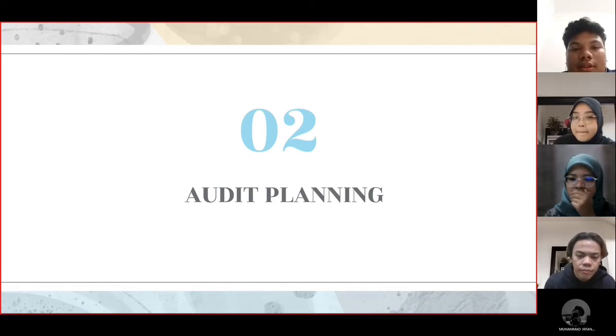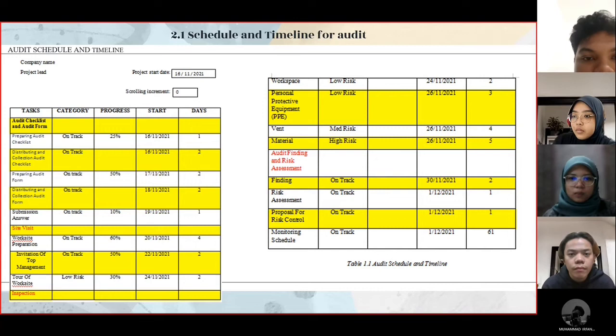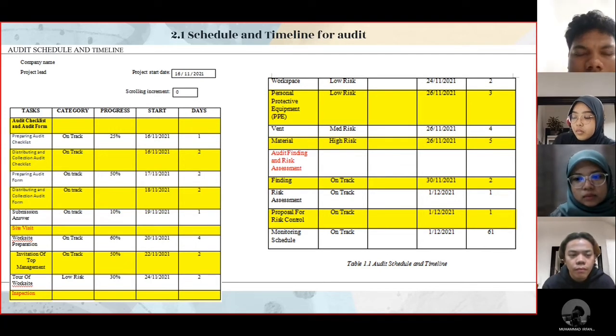Number 2 is audit planning. So this is a table of audit planning. This starts on 6 November 2021.